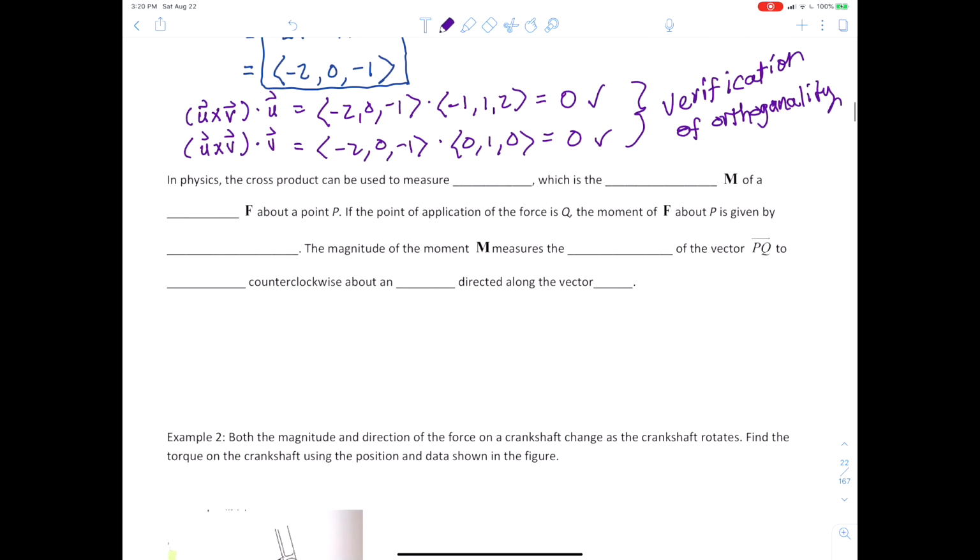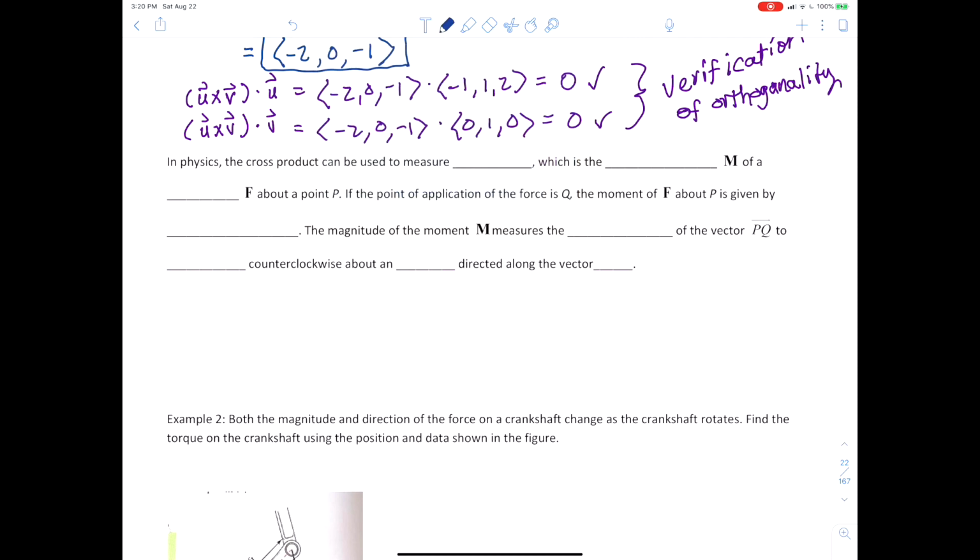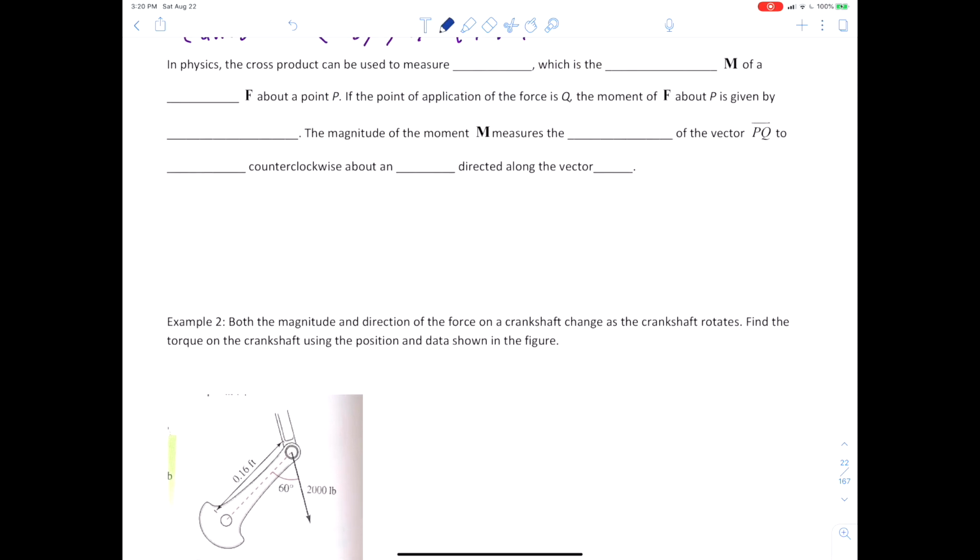All right, so in physics, the cross product can be used to measure torque, which is the moment m of a force F, those are vectors, about some point P. If the point of application of the force is Q, the moment of the vector F about the point P is given by m, that's a vector, equals the vector PQ cross the force vector.